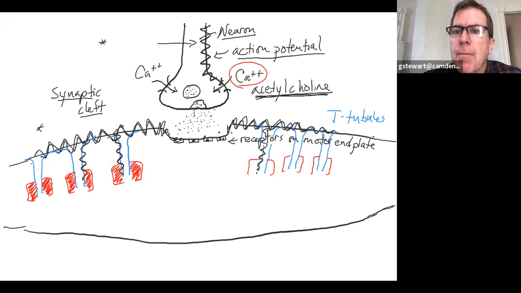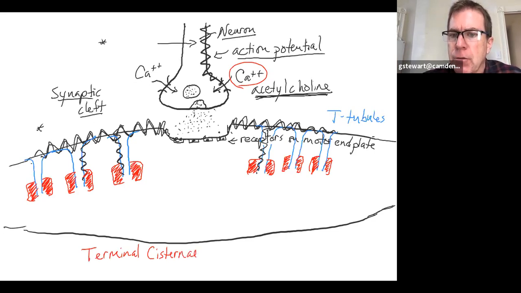So I'm going to write the name out in red. They're called the terminal cisternae. It's just Latin. Terminal cisternae of the sarcoplasmic reticulum. Terminal cisternae just refers to cisterns, these big storage cavities at the terminal end of the T tubules. So this is the terminal cisternae of this network of tubes called the sarcoplasmic reticulum.